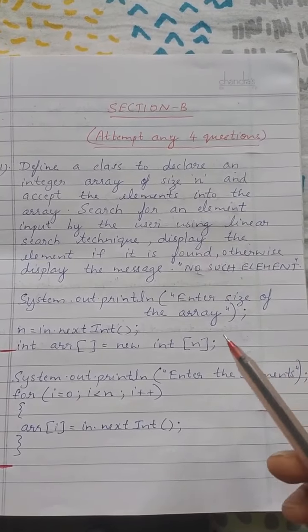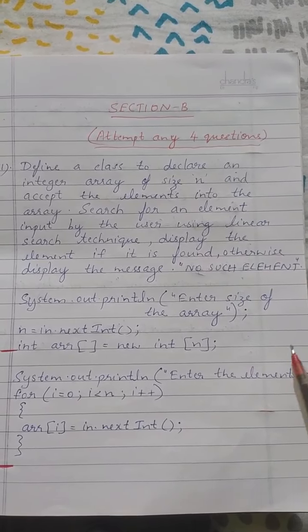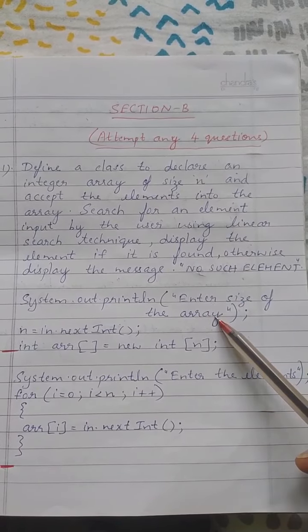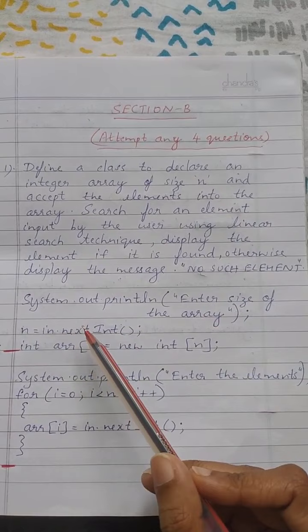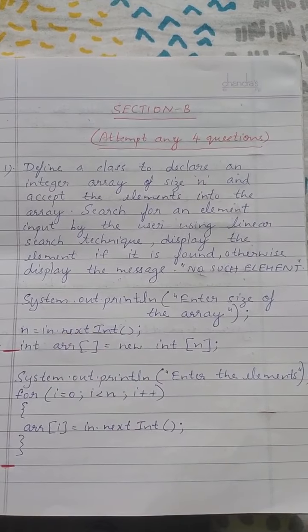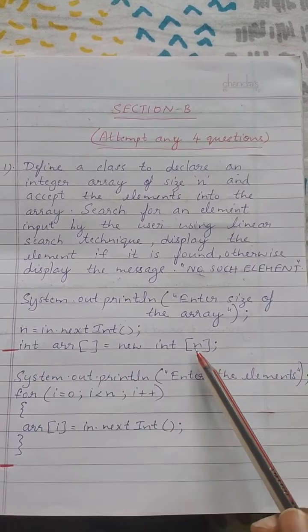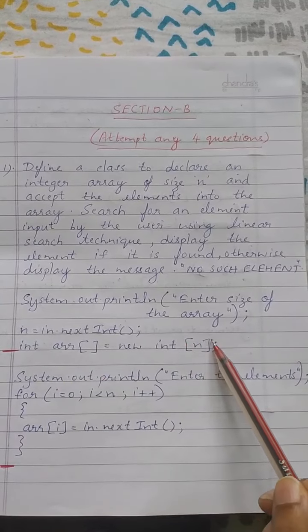So how we are going to write the program? First we are going to ask the user to enter the size of the array, and I am storing that value in n variable, and I am going to declare an array of integer type of array size n.